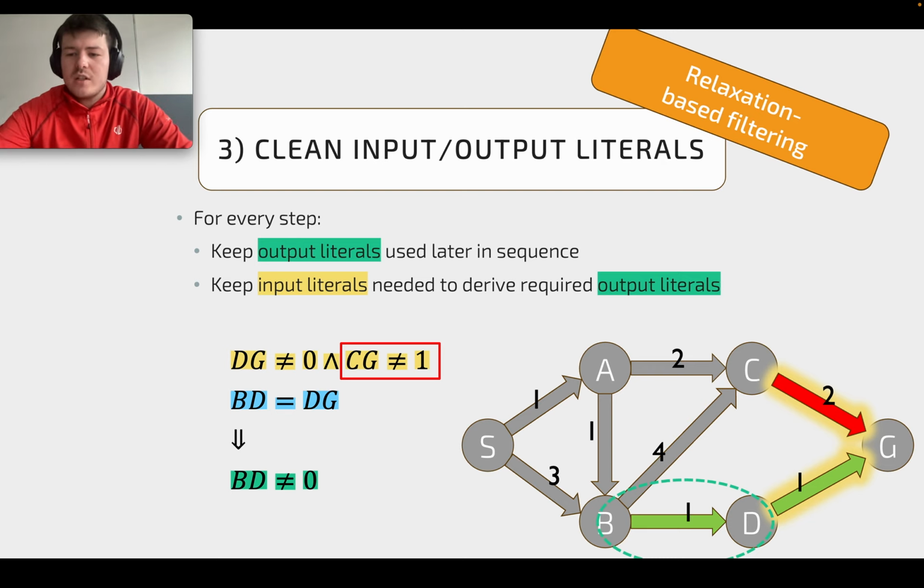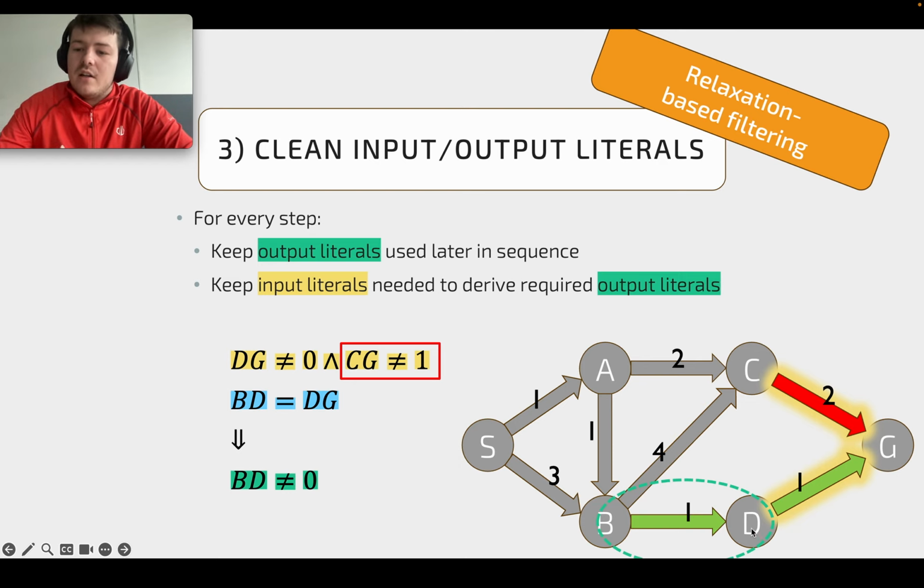So let me quickly show how this would work for our shortest path problem. So if we try to clean the input and output of this particular step, so let's say we have these two edges that have some value, so we don't use C to G and we use D to G. Well, to derive the fact that we need B to D, we don't need the fact that C to G is not chosen, right?